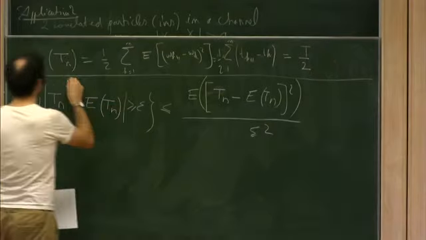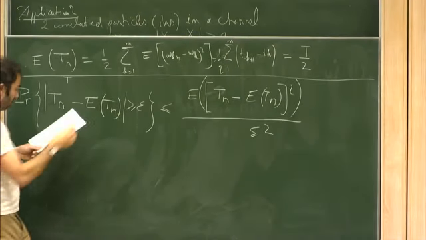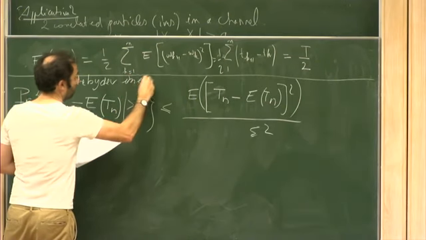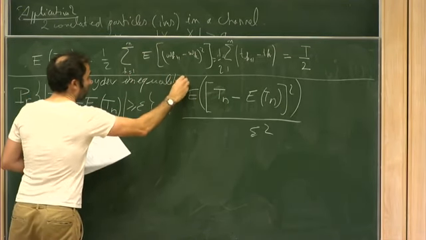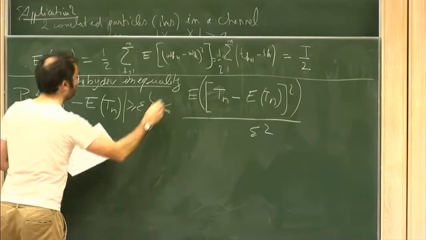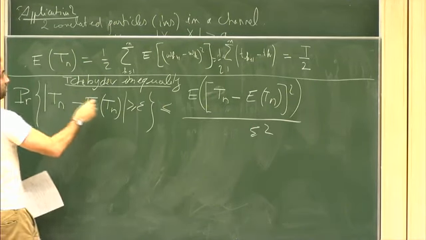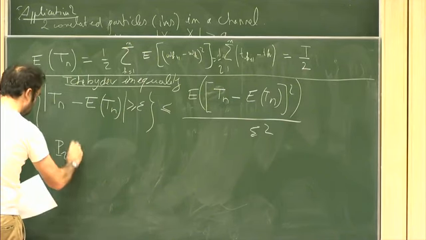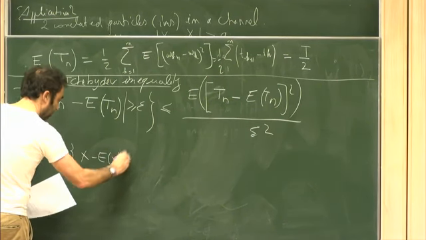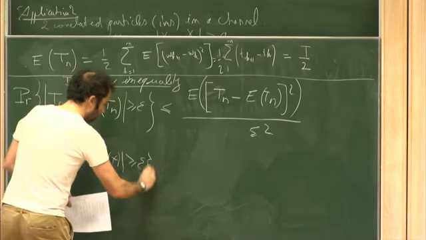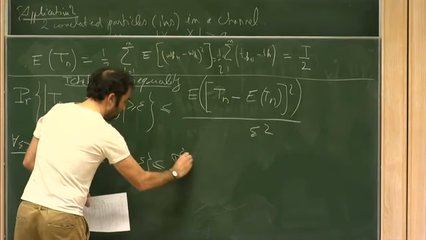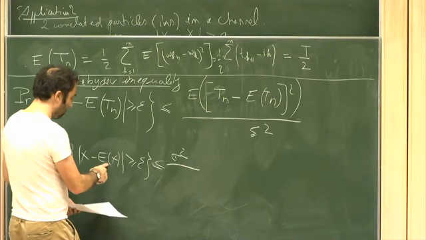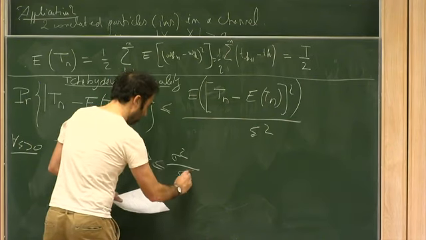So this is called the Chebyshev inequality. This is classical. Not going to prove it. So it says that for any epsilon positive, if you have a random variable x, the probability that x minus the mean of x is larger than epsilon is less or equal to the variance sigma squared, meaning expectation of x minus the mean squared, divided by epsilon squared, which is finite.